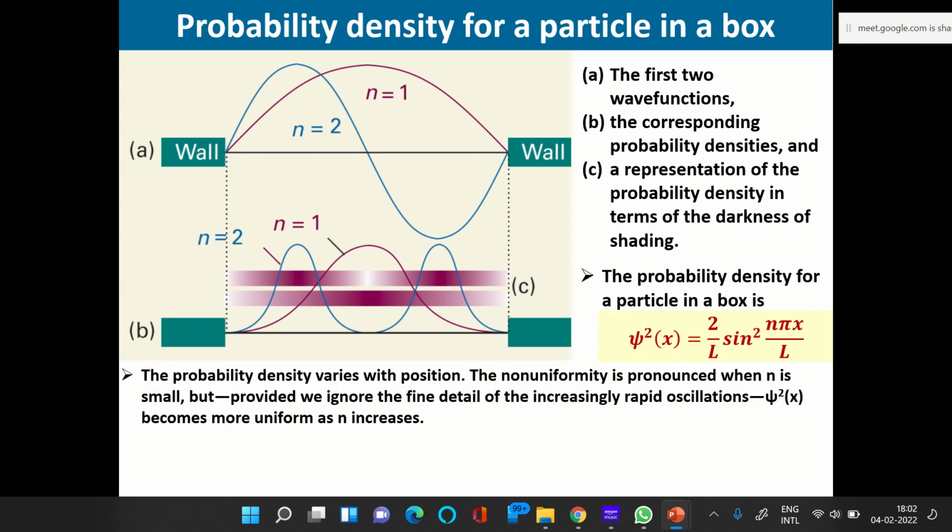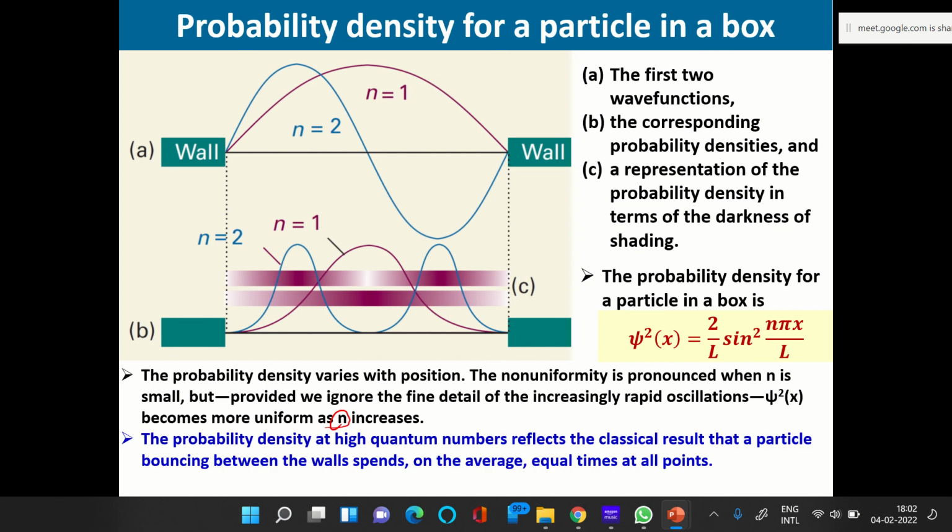so the probability distribution density becomes more and more uniform with respect to x, with distance, at higher quantum numbers. When n increases, you have more points where you have high probability of finding the particles.